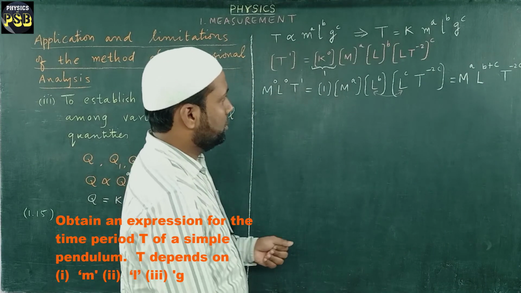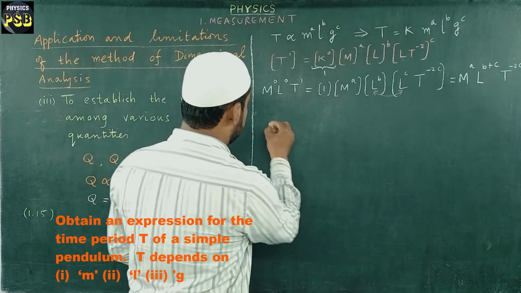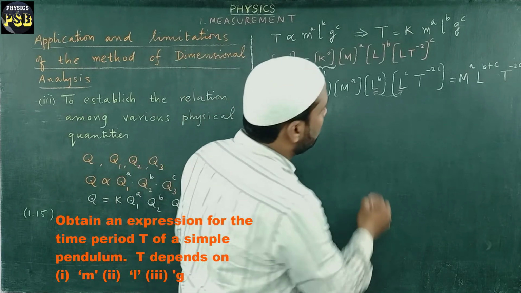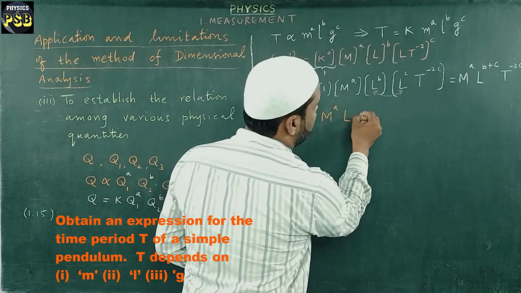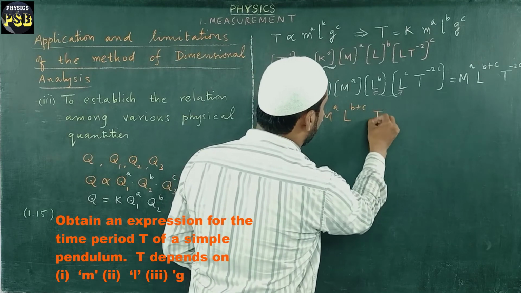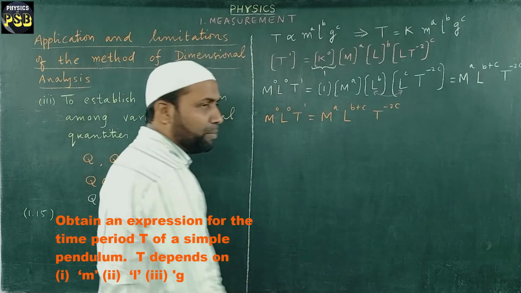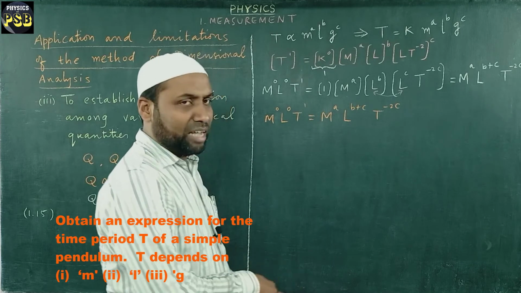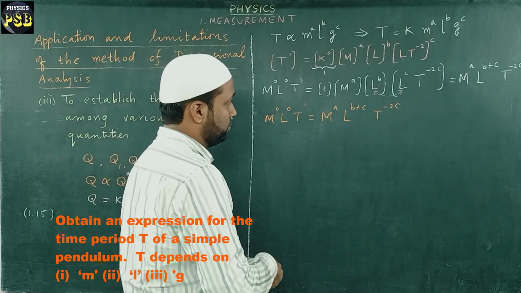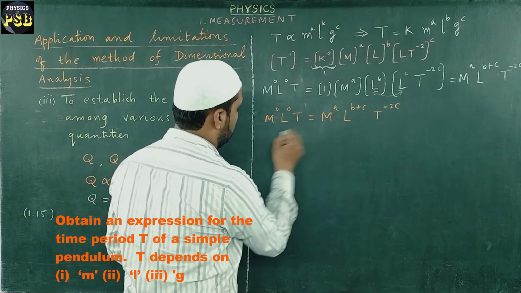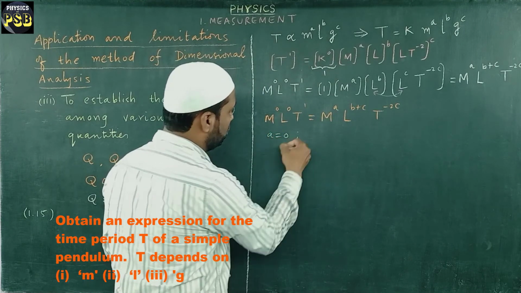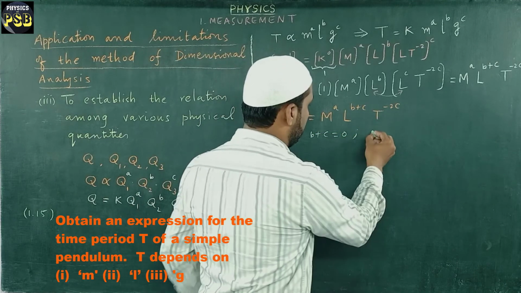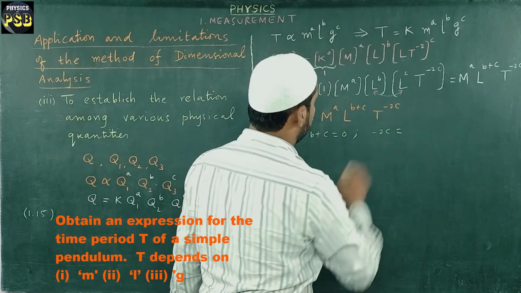Now the equation obtained is this: M power 0, L power 0, T power 1 equals M power A, L power B plus C, T power minus 2C. Now if you compare the powers of each term on both sides, in the place of A we have 0, so A equals 0. In the place of B plus C we have 0. In the place of minus 2C we have 1.